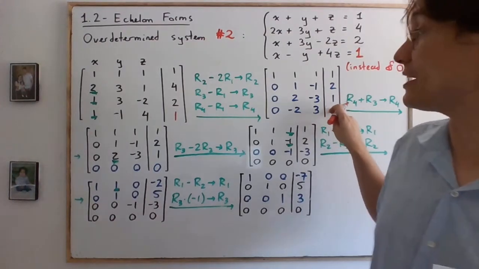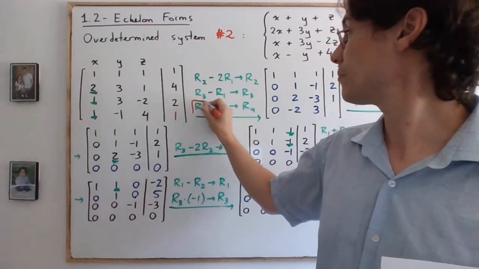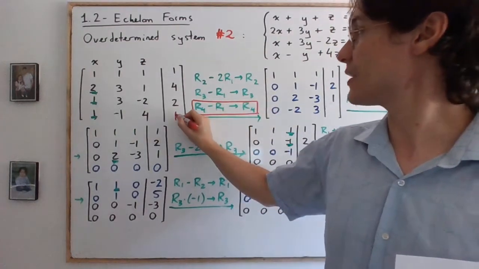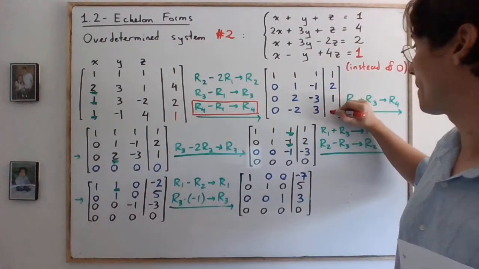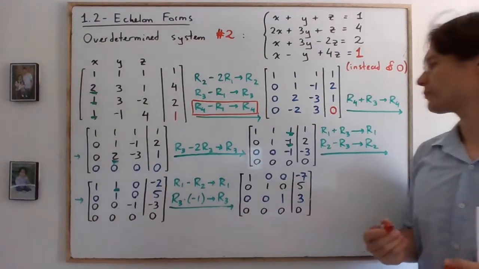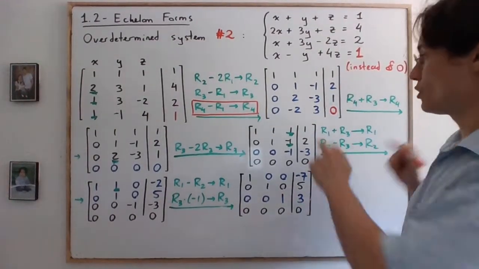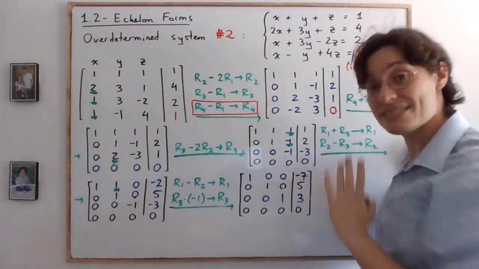So for example, here we are looking at this row operation. Row 4 minus row 1 becomes row 4. So it becomes now 1 minus 1, 0. Then, the same thing that we did in overdetermined system number 1.